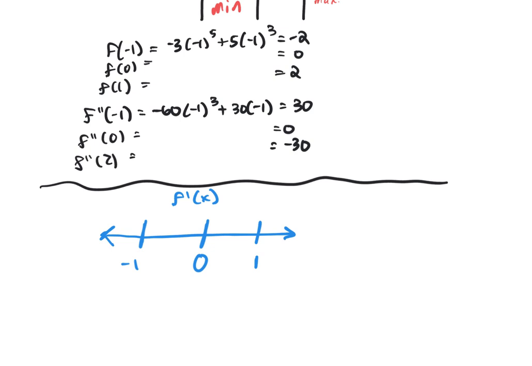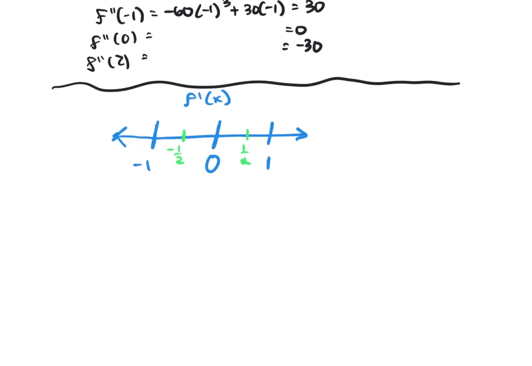So the issue with that is that you want to be careful because we want to test values really here. So I'm going to test -1/2 and 1/2. And we're trying to figure out, does the first derivative change signs? So let's do that. What is f prime, the first derivative of -1/2? Looking now, I'm plugging numbers into the first derivative.